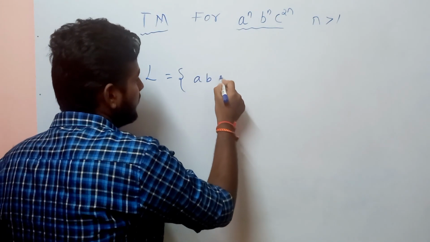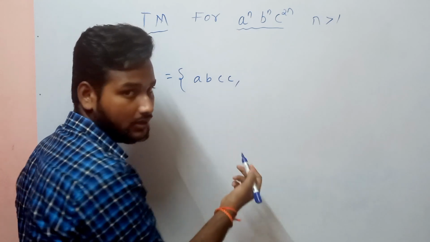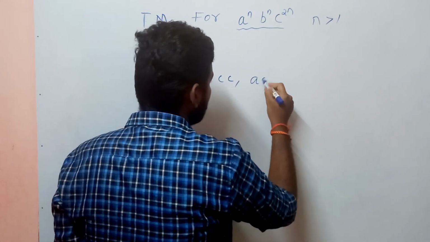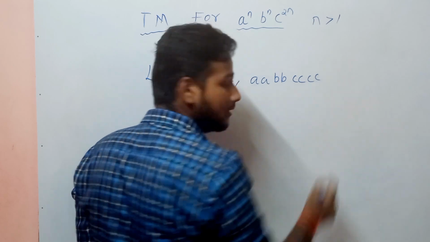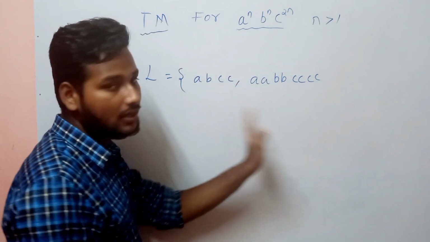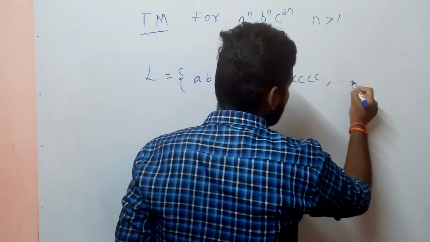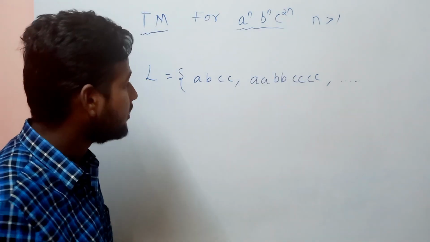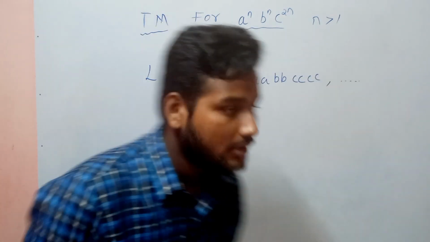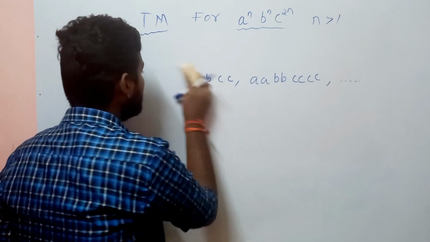A, B, C is one string. In this type there are many strings. Input strings are taken by using the following condition. Let us construct the Turing machine for this.